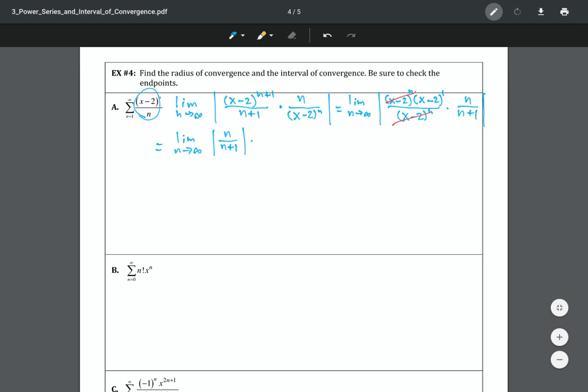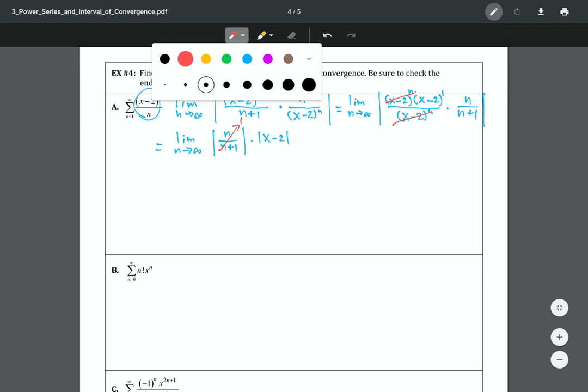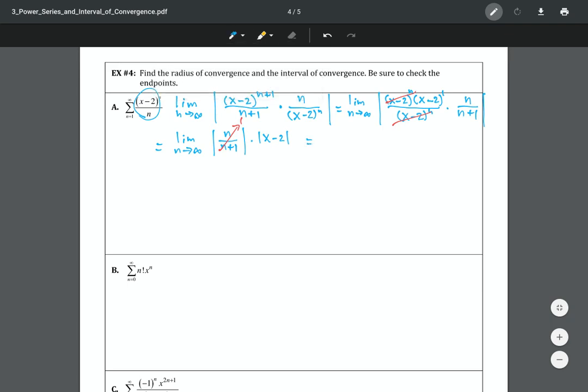Now, I'm not going to write that like that every single time, but I want you to understand where I'm getting this from. Because the limit only has to do with n, I can go ahead and just take the limit. The limit of this, hopefully you can see, is 1. So I can rewrite that as 1 times (x minus 2).